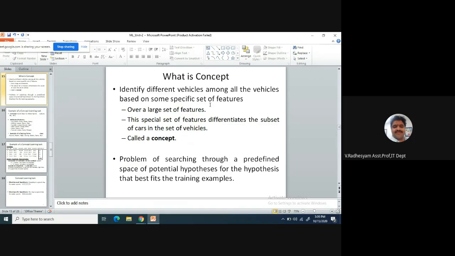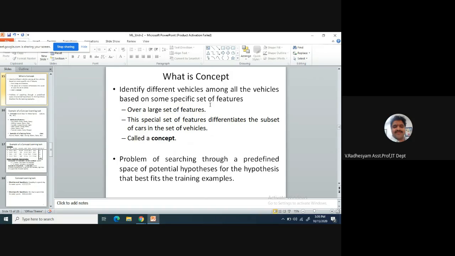One more thing is concept learning. How can we identify the different vehicles among all the vehicles based on some specific set of features? A large data set is given to you with a different set of features.